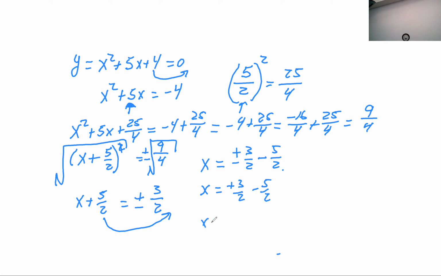And then you have x equals minus 3 halves minus 5 halves for the second one. And you can see when you add this together, you get minus 2 over 2, which would be minus 1. And then in this scenario, you have minus 8 over 2, and that would be minus 4. So you can see that the two solutions are x equals minus 1 and x equals minus 4.